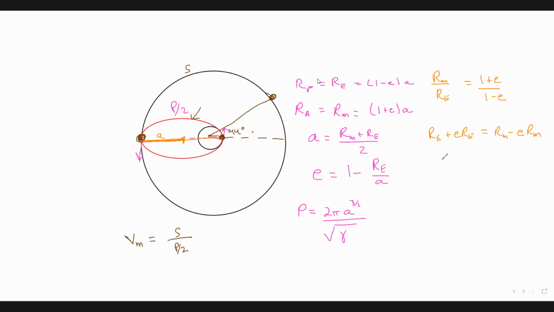So let's solve this. E times Re plus Rm is equal to Rm minus Re. So the eccentricity is the difference between the two radii divided by their sum.